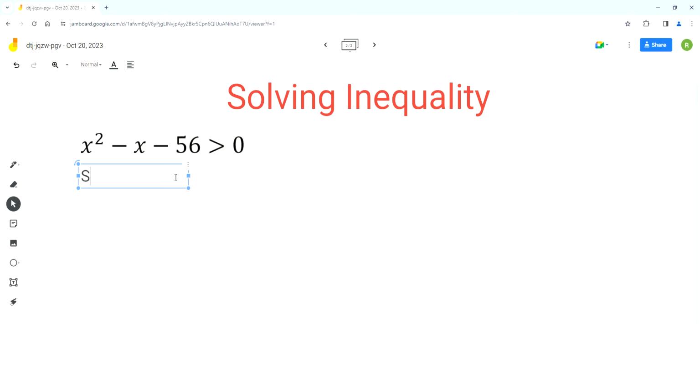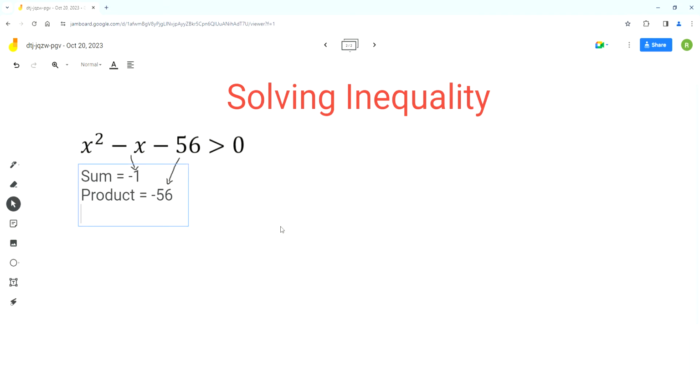So we have to find two numbers whose sum is -1 and the product is -56. So this -1 comes from the coefficient of the x and -56 is the number term in the trinomial. So to find the two numbers, we'll focus on the product.